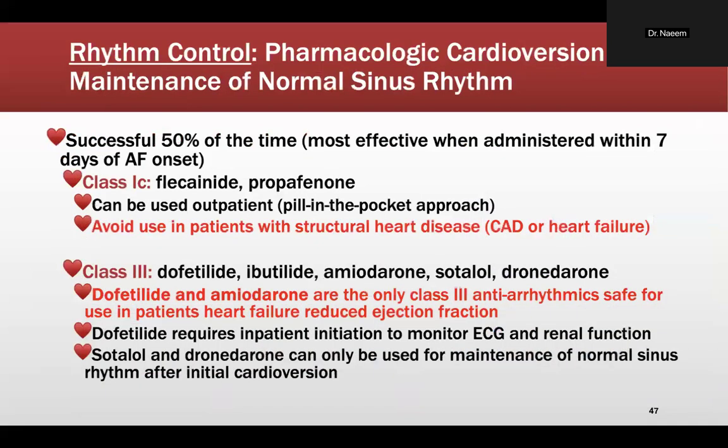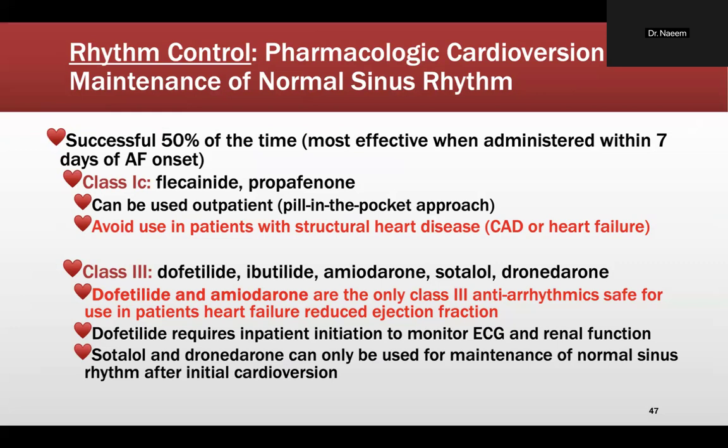And then pharmacologic cardioversion, meaning basically using drugs to get the patient back to normal sinus. It has a relatively lower success rate, most effective when administered within 7 days of AFib onset. You can see here class 1C and 3 antiarrhythmics are the ones that are opted for, but I haven't really seen 1C as frequently.